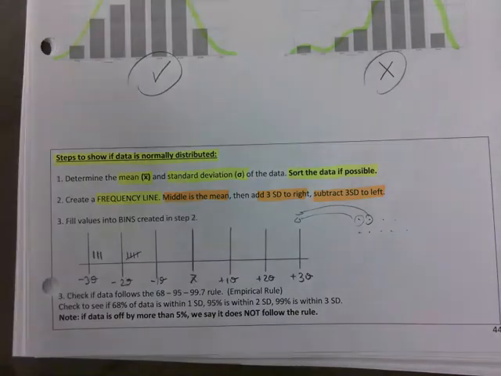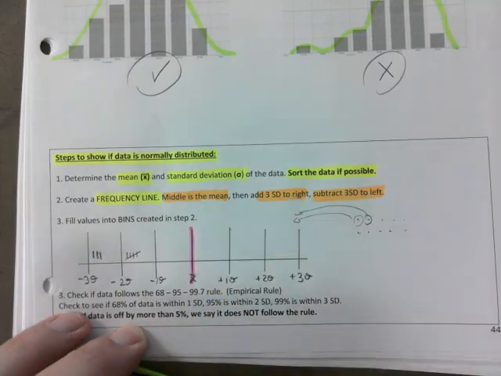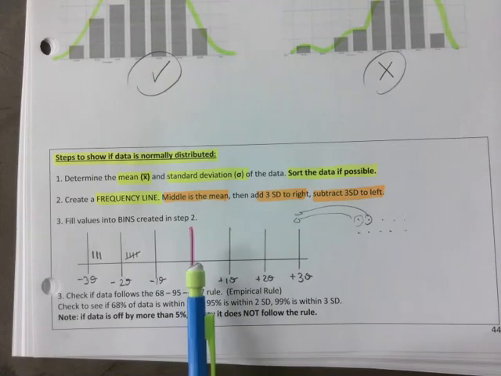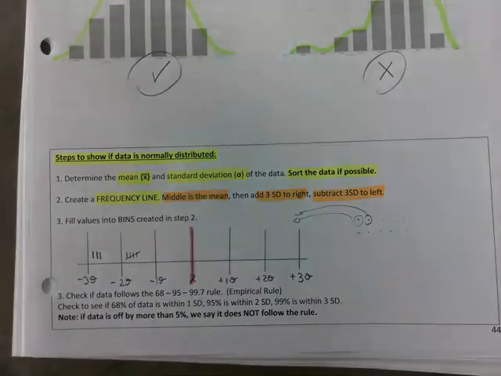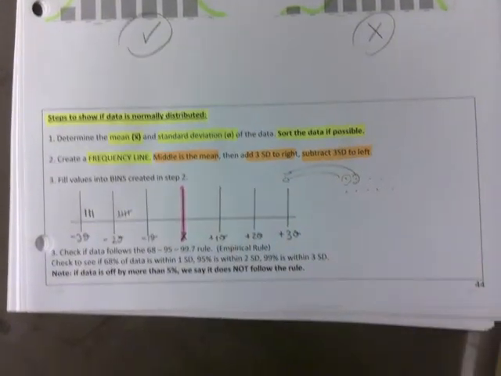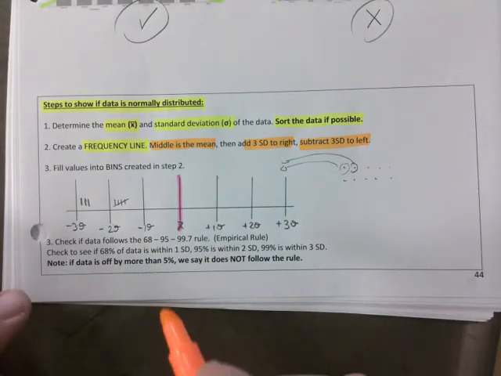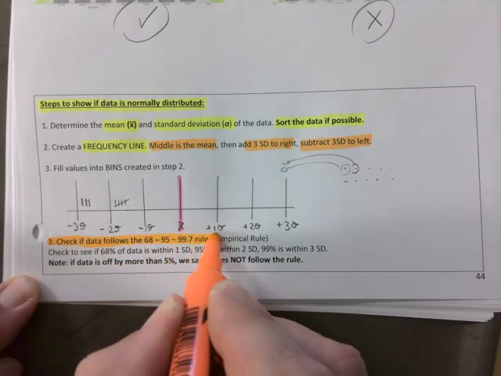All right? The most important being you start with the mean at the center. Okay, you start with the mean. So we're going to check right off the bat where our numbers fall in. Then we do the check. This is where the 68, 95 comes in, right? Check to see if data follows this rule.